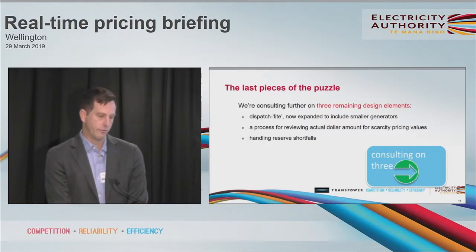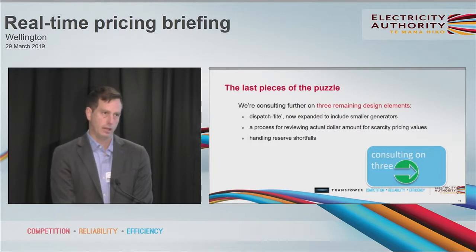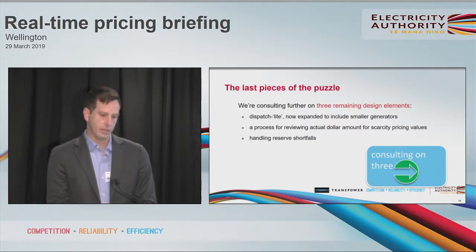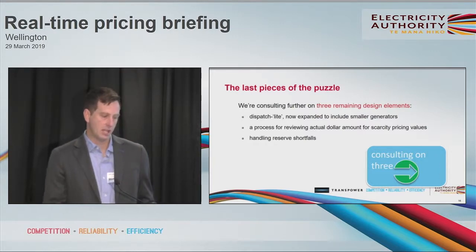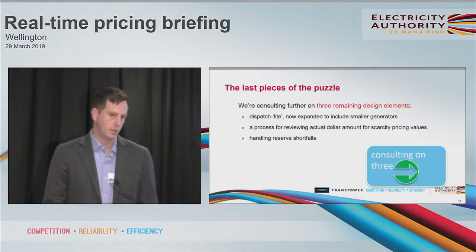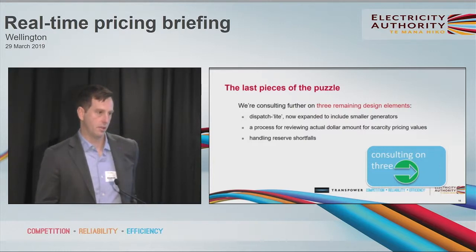Responding to submissions, we've now proposed and set an obligation in the code to review the scarcity pricing values periodically, and then probably the most difficult part, certainly over the last 18 months, is the details of the method, the technical detail around how we would handle and price reserve shortfalls. So that last one in particular is really the last piece of the puzzle to complete that conceptual design for real-time pricing.